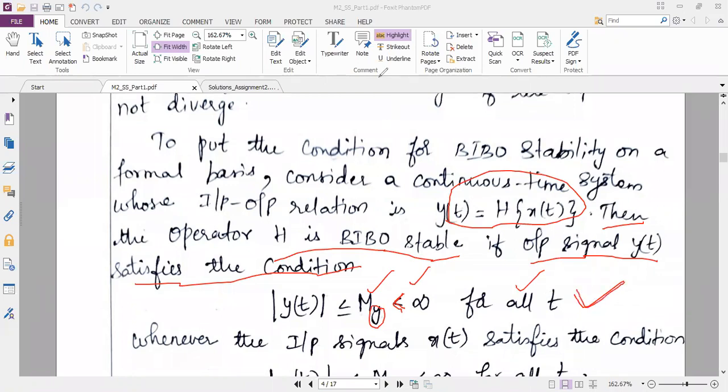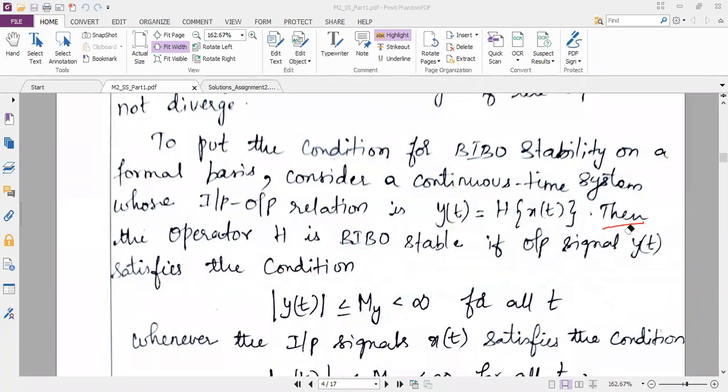BIBO stability is not only dependent on the condition of y of t, it is also dependent on the condition of x of t, because my definition says that if x of t is bounded, my y of t is also bounded. So what I should do?